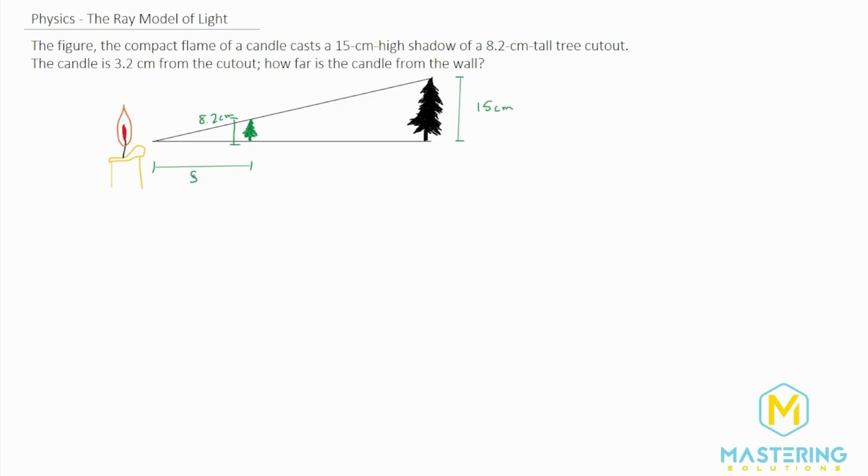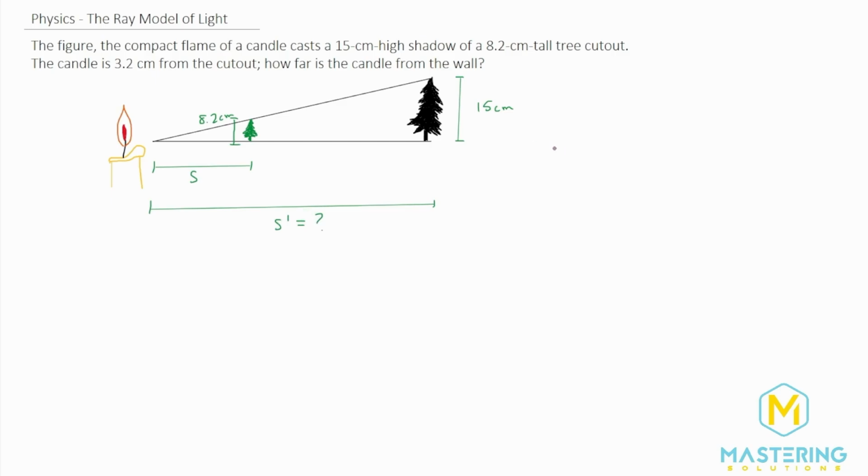Some people will use U, some people will use D. So I'll be using S, so don't let it confuse you if the books or someone else uses a different variable. And then this distance over here is what we're trying to solve for. I'm going to say that's S prime, or our image distance.